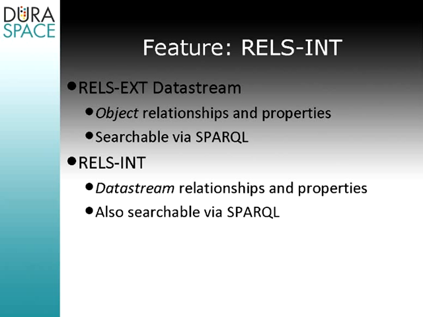So if you have special information that you'd like to have indexed in your repository that's unique to your domain, then you can use this special data stream to express that information, and it will be indexed via the triplestore engine within Fedora, and it will be searchable as RDF with the SPARQL query language. So RELS-INT basically just extends on this idea and allows one to make statements about specific data streams within objects.